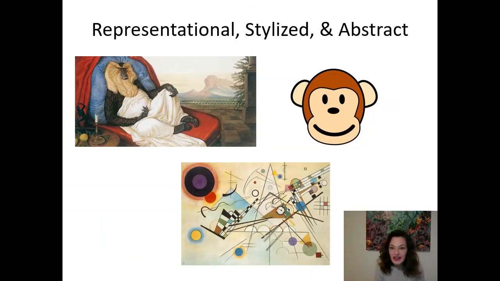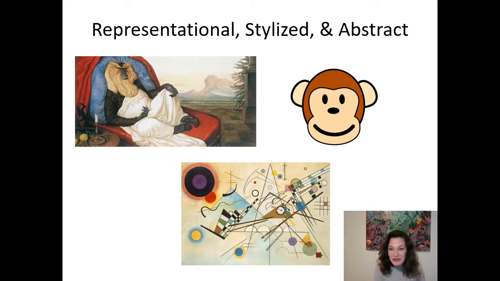Other words to keep in mind for this class and our discussions and your final project are representational, stylized, and abstract. I find that people often mix up stylized and abstract, so let's define these. Representational refers to anything that is recognizable, anything that exists in the world, or even things that don't exist, like unicorns or goblins.